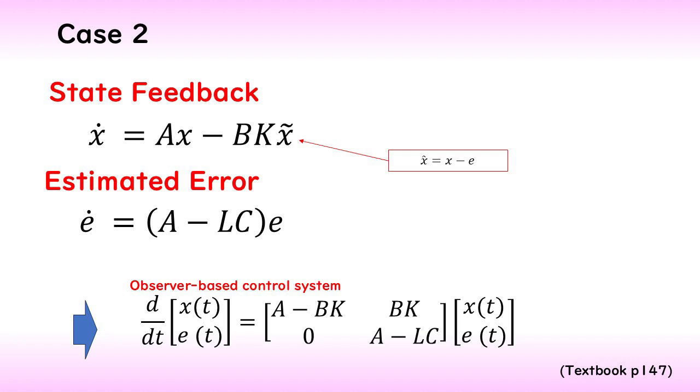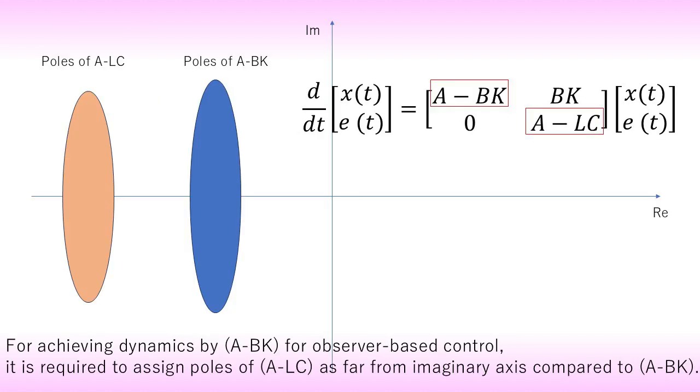One is the poles of A minus BK and another is the poles of A minus LC. For achieving the dynamics by A minus BK for the observer-based control system, it is required to assign the poles of A minus LC as far from the imaginary axis like this.